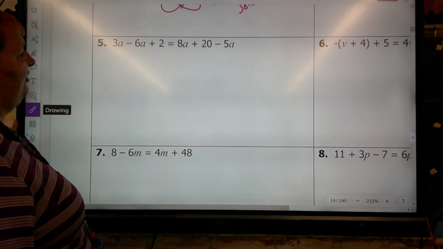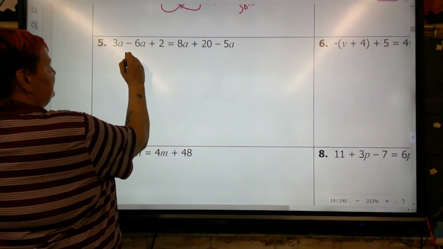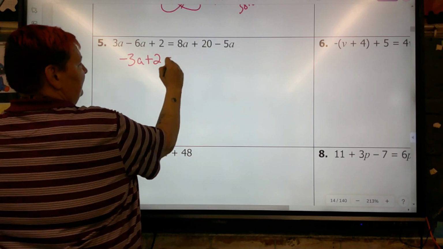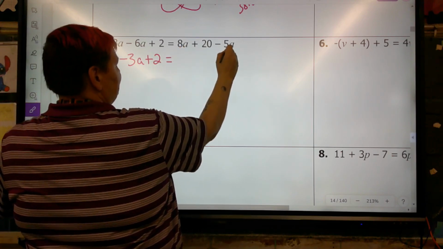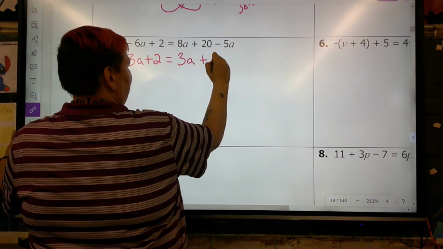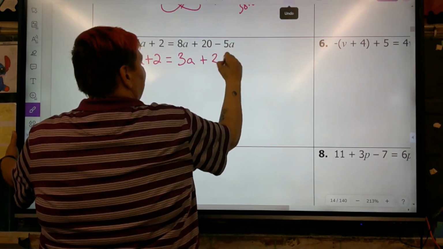5. No parentheses. Combine like terms. 3a minus 6a is negative 3a plus 2 equals 8a minus 5a is 3a plus 20. Uh-oh. Interesting.